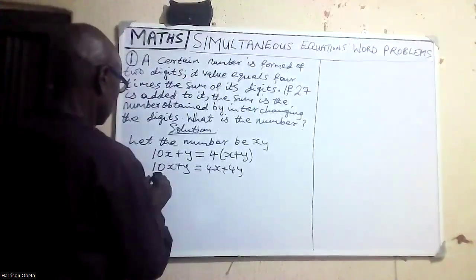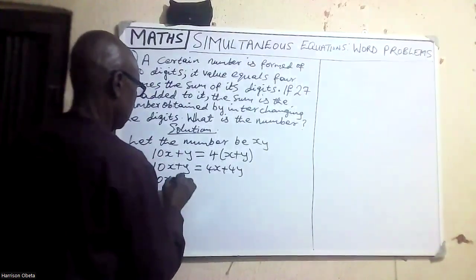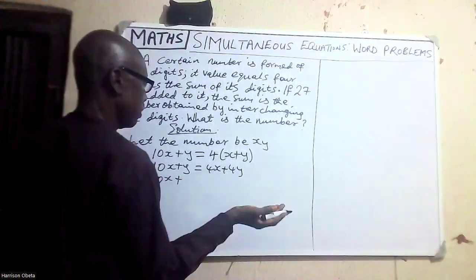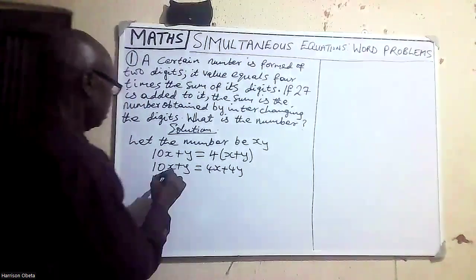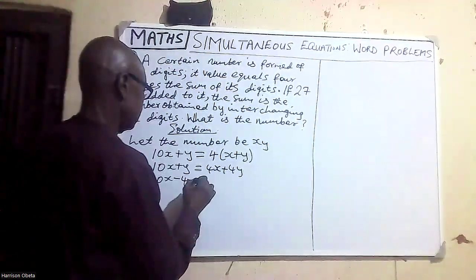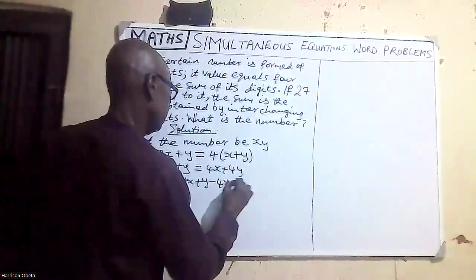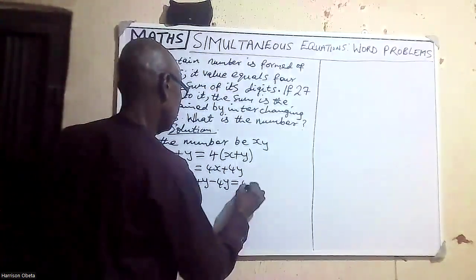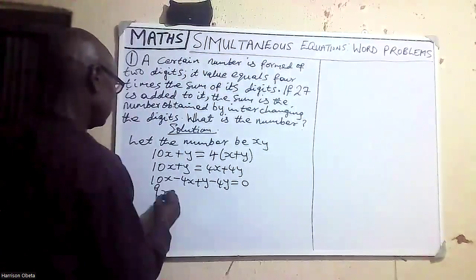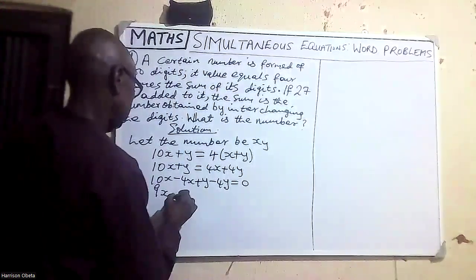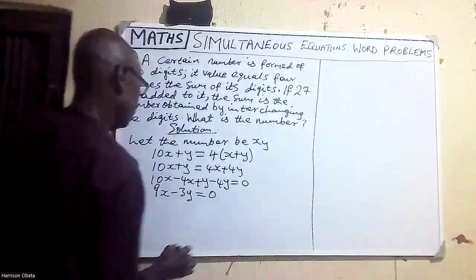So to go further, we bring together the like terms: 10x minus 4x plus y minus 4y is equal to 0. Bringing everything back, that is 6x minus 3y equal to 0.